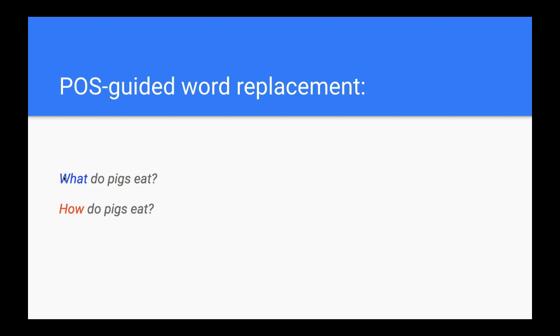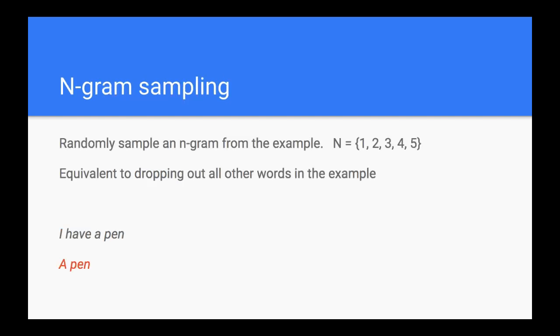I think it's WH words or interrogatives, this kind of stuff. They replace "what" with "how". So the meaning doesn't change that much, but even if it changes a lot, I would say it's still okay, because we don't really need to have a label, right? We just need a teacher to predict something, then the student neural network learns that.